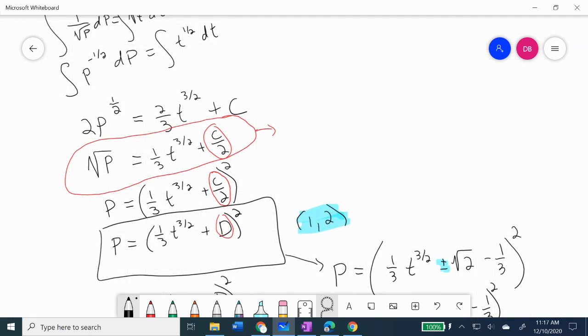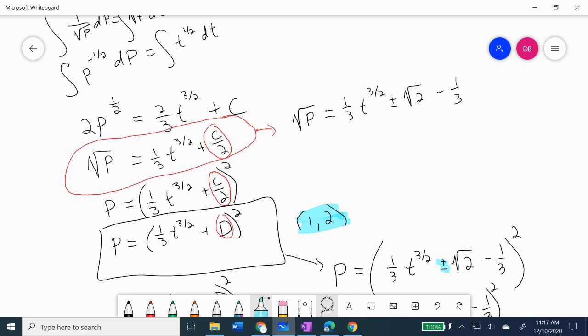First thing I'm going to do is put that unknown constant in. So I'm going to right now still have the p equals 1/3 t to the 3/2 plus, and then the plus or minus, I'll write plus or minus right here, root 2, and definitely the minus 1/3.